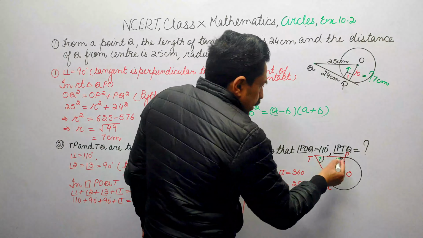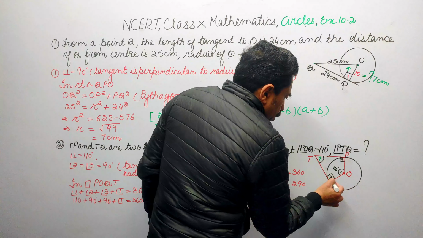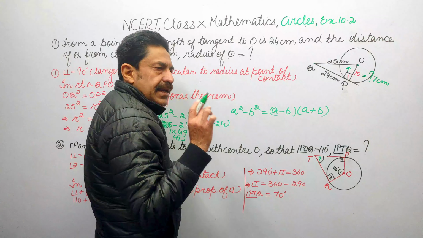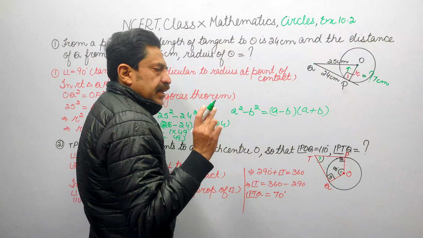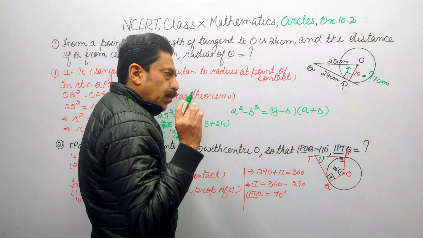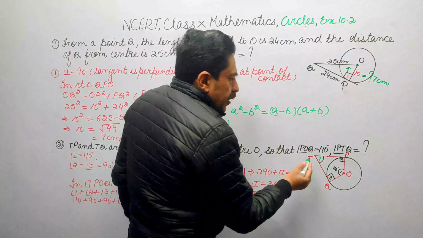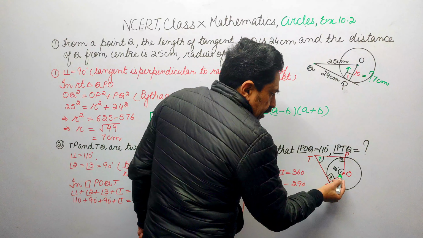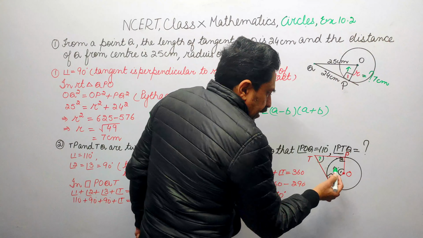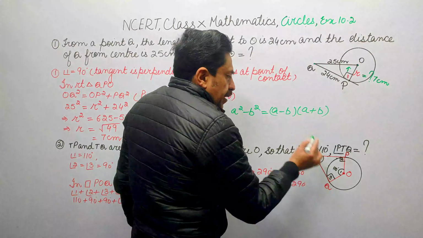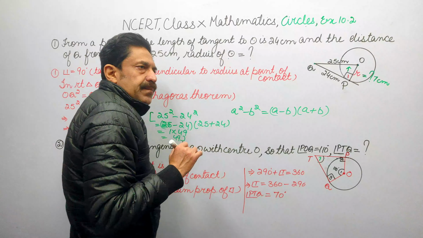How? We know this quadrilateral POQT is cyclic as well as it is a kite. Using the property of cyclic quadrilateral, sum of opposite angles is 180. So one angle is 110, 180 minus 110 gives us 70 degree.